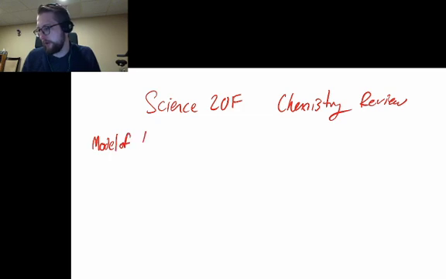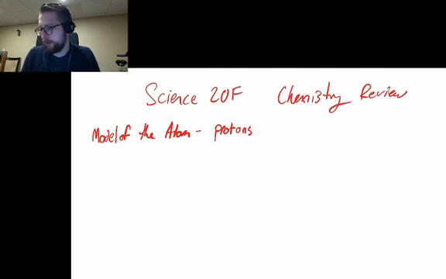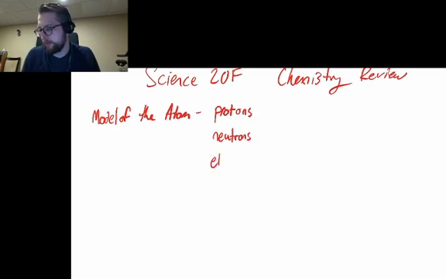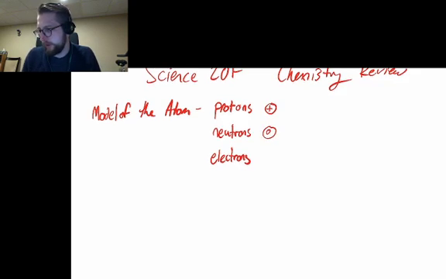This is the idea that the atom is made of several components. We have protons, and neutrons, and electrons. Protons are positive, neutrons are neutral, no charge, and electrons are negative.